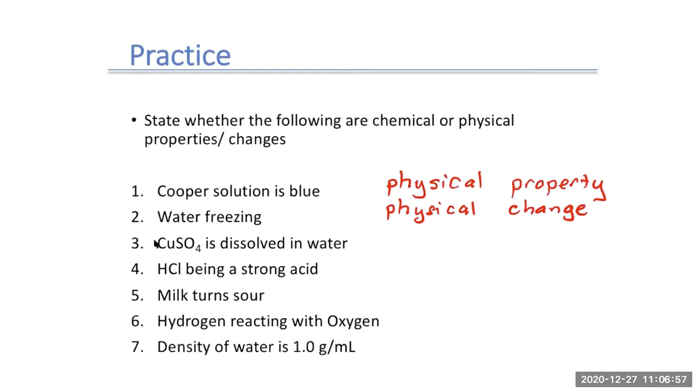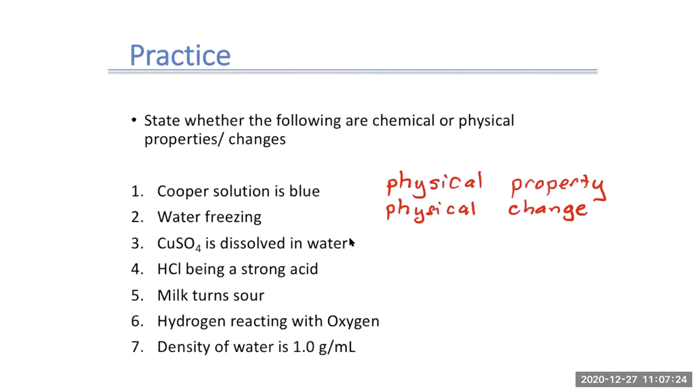And the next example is if I take copper sulfate and dissolve it in water, what would you think that is? So having copper sulfate go from a solid state to now it's dissolved in water, it's becoming a solution. We're not actually destroying the copper sulfate or changing its chemical composition. It's just going from a solid state into an aqueous state.